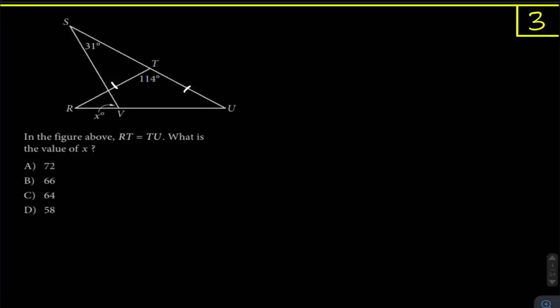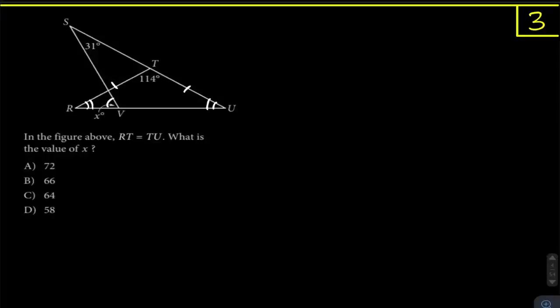So it's asking us for what the value of x is right here, and that would be this angle over here. And so how would we get to that angle, right? Well, let's see, what did this RT equals TU do for us? Well, since we have these two sides that are congruent here, the same length, that means that this triangle is going to be isosceles, right?